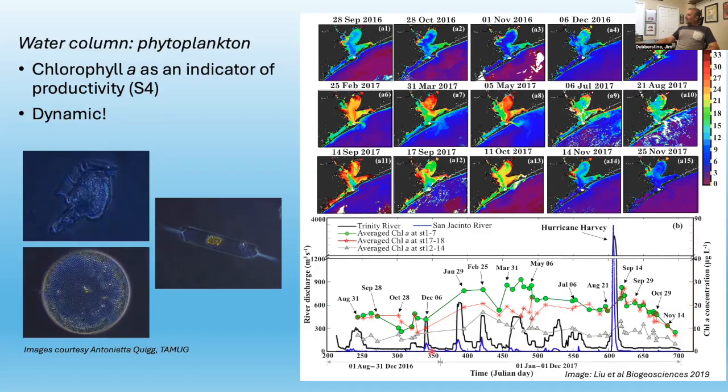But again, then there's also the factor of water flow. So you can see here, it's kind of interesting when you try and pair these things up. The water flow out of the Trinity River has an impact on the amount of phytoplankton, but it's not immediate. You'll see a little bit of a lag that occurs.